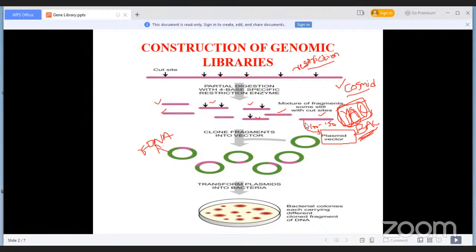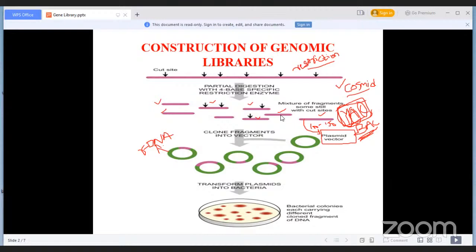Here there are different types of vectors. The most useful vector is the plasmid vector. Apart from the plasmid vector, there are bacteriophage vector, cosmid vector, YAC vector, and BAC vector. If the fragment is small, made up of 100, 150 nucleotides, we can use plasmid as a vector.